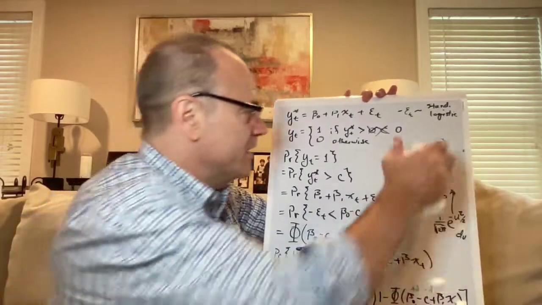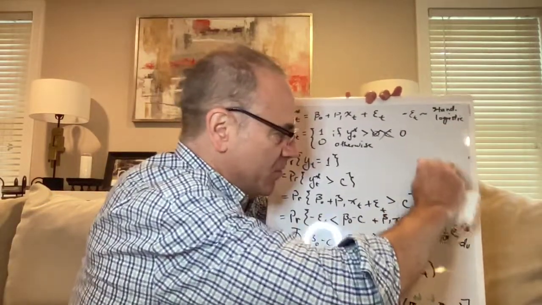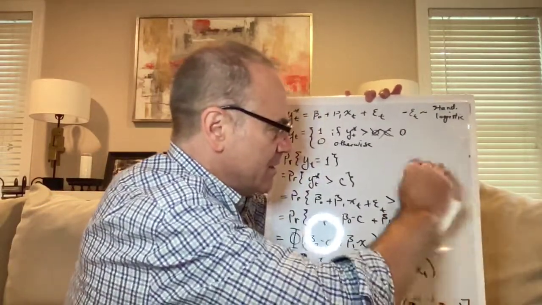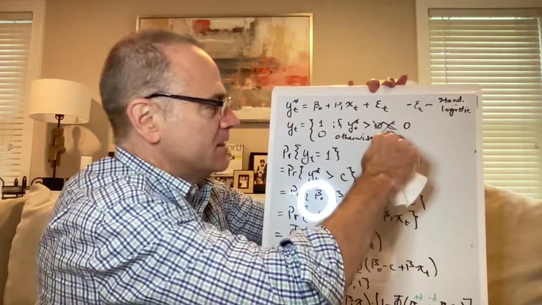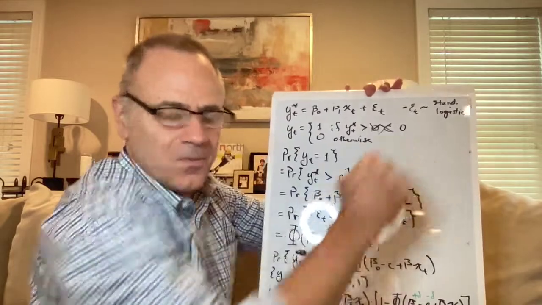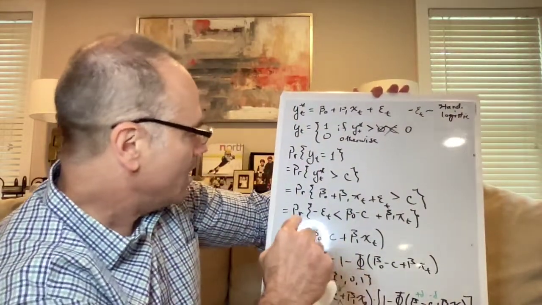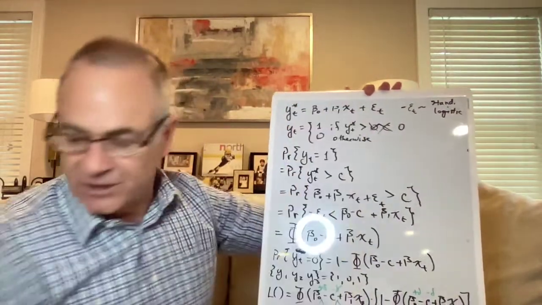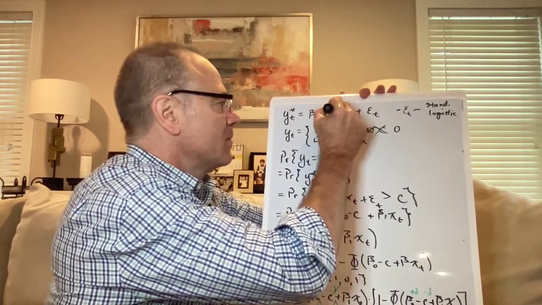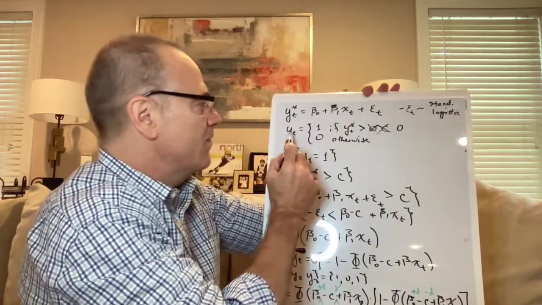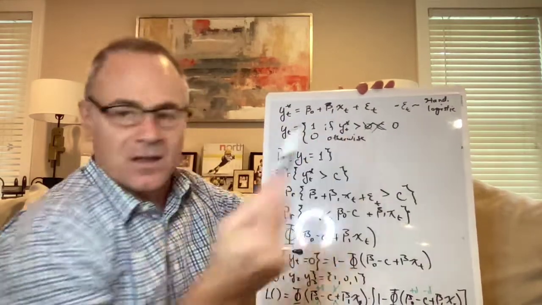Okay, so I'm going to erase this. This was all for the normal case. Okay. I'm going to flip it. I'm going to make it 0 instead of c. Okay. So here's what we have. So logistic, it looks just like the Probit. We have this latent variable.